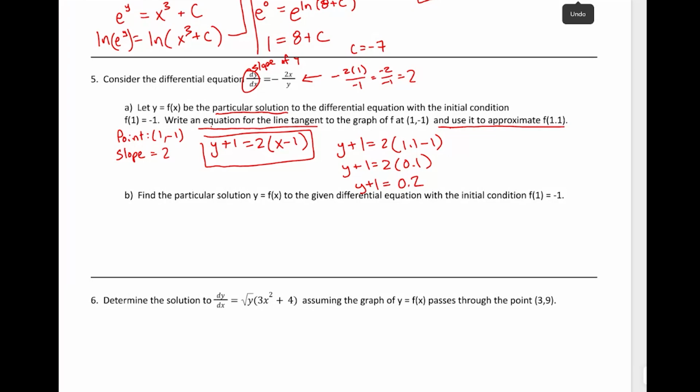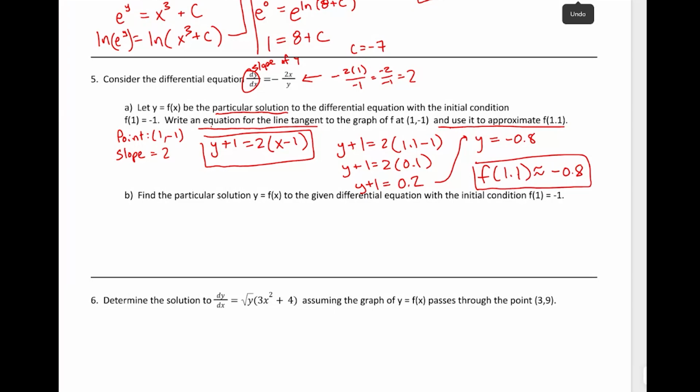Then if I subtract 1 from both sides, I'm going to get my approximation. 0.2 minus 1 would be the opposite of 1 minus 0.2, which is 0.8. So this is going to be negative 0.8. That's going to be my approximation. So f of 1.1 is approximately negative 0.8.